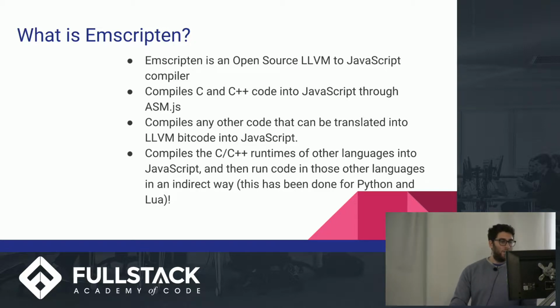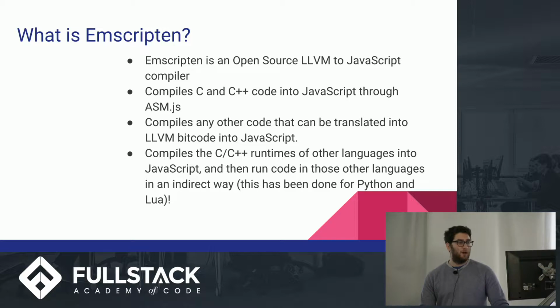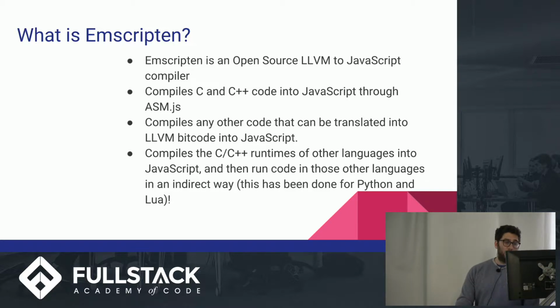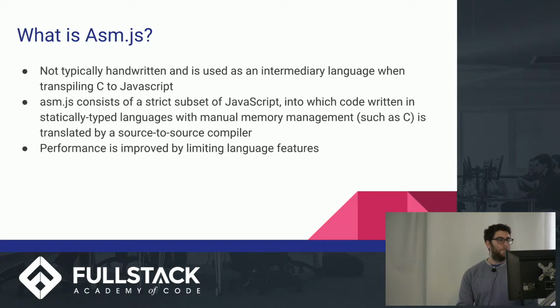What I want you to take away from this is that it's a tool used to take, in this case, lower level languages and move them into JavaScript. This has also been done, as it says at the bottom, for Python and Lua. So Emscripten opens up a lot of opportunities to run code in the browser, in languages that maybe weren't necessarily made for that purpose.